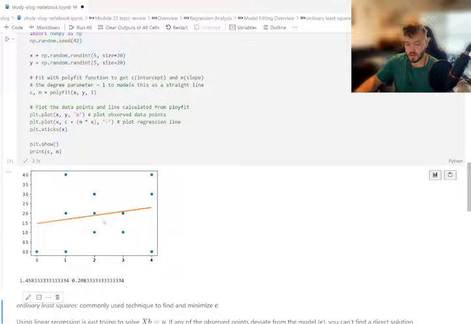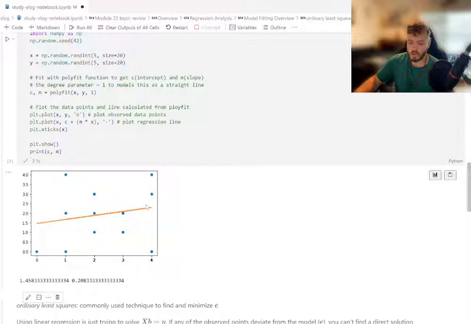But you can see how this line is basically trying to draw a line where the cumulative distance between all these data points and the line, from here to here, from here to here, if you added up all those distances, those are called your residuals.